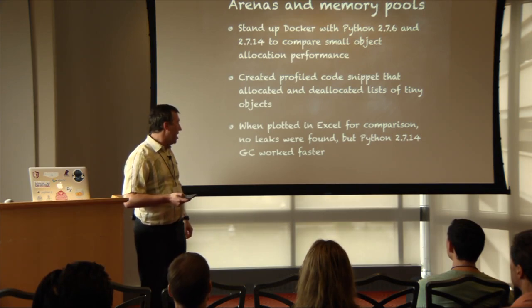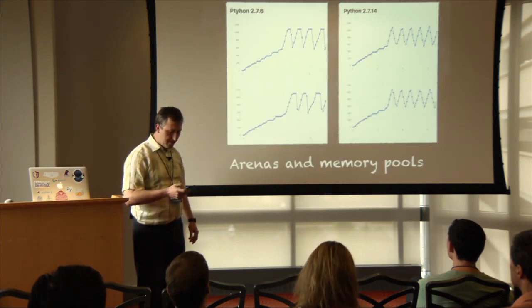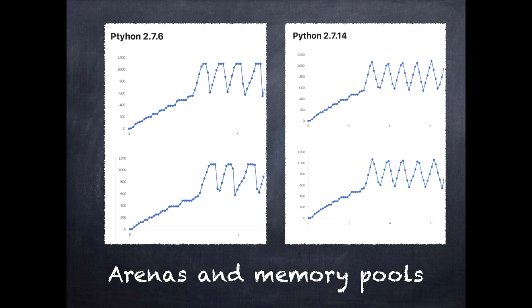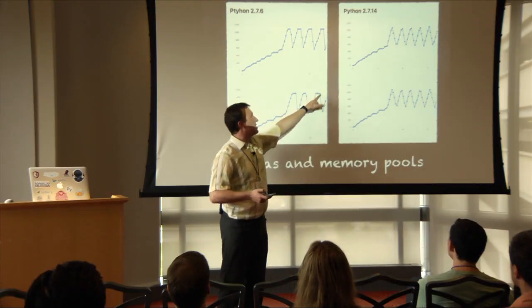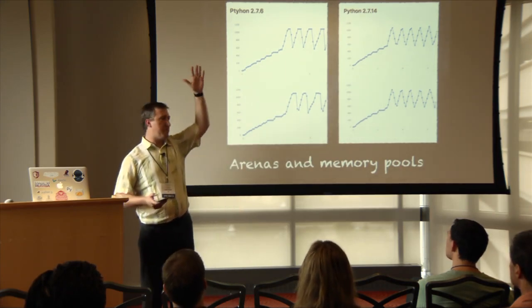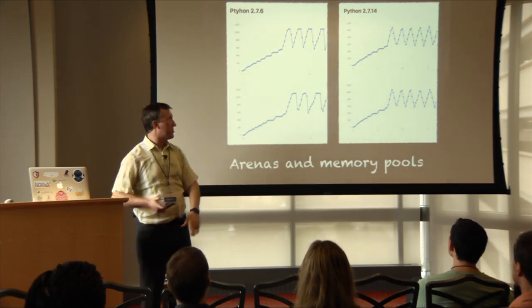So one wonderful finding that I had is that the Python 2.7.14 garbage collector appears to be working faster than Python 2.7.6. As you see, I have data going on further, and you see some places where it allocates even longer. So I had a for loop that just allocates a bunch of memory, and a for loop that deallocates a bunch of memory.